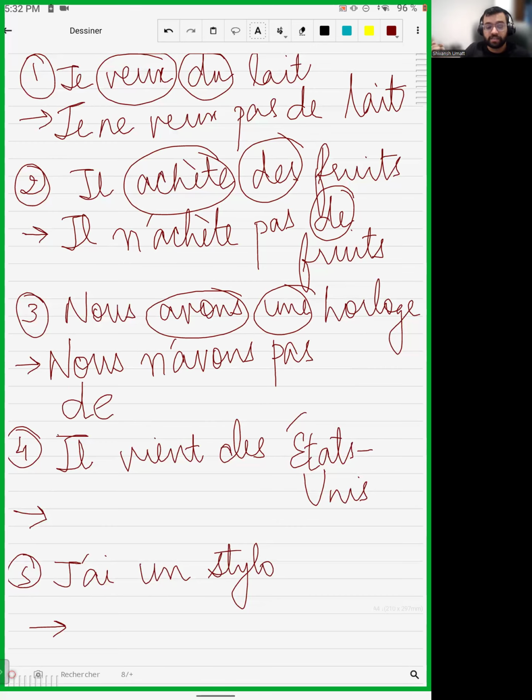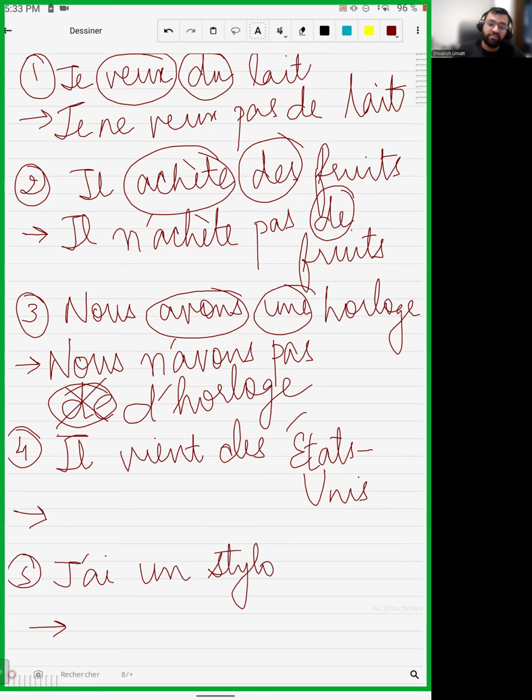Now here again another thing, de becomes d apostrophe in front of vowels. So nous n'avons pas d'horloge. Because H is a silent letter, you consider it as a vowel. We have a clock. We do not have any clock. So d'horloge, the apostrophe, because H is treated as a vowel.